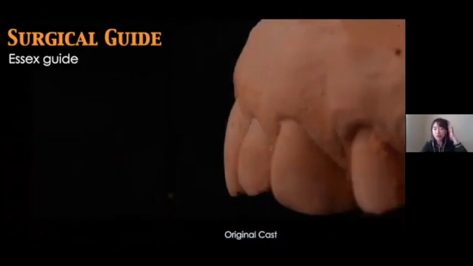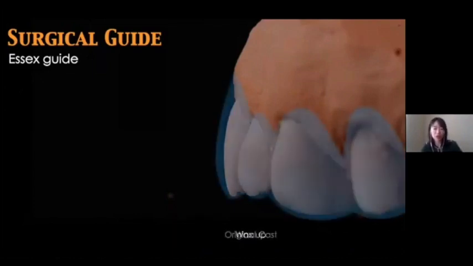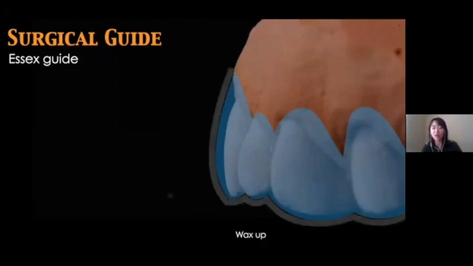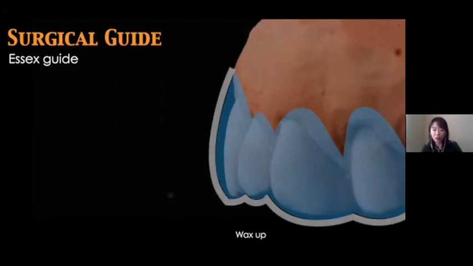Here are some quick tips, especially for students or young clinicians, if you decide to make the surgical guide yourself. First, you have an original cast, and normally you would do a wax-up on the original cast, shown in blue. Then the majority of people will make an esthetic guide over the wax-up.